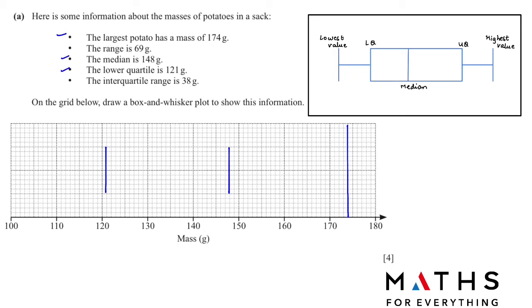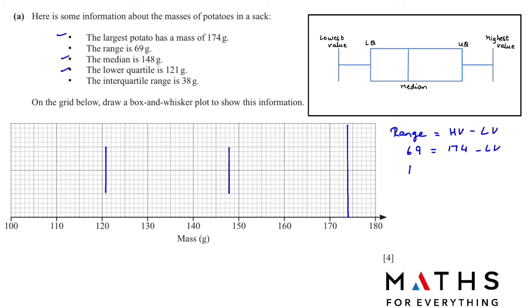Now we have been given the range and interquartile range. What is range? How do you get range? To get the range, from the highest value, we minus the lowest value. Now in this case, we do not have the lowest value, but we have the range, which is 69, and the highest value is 174. And we need to find the lowest value. So if we shift the lowest value here, it will become positive.